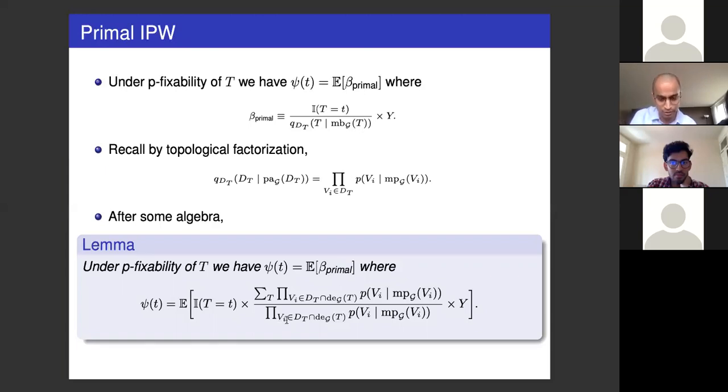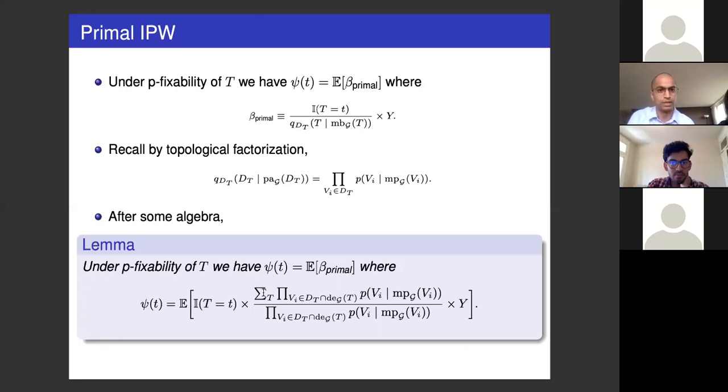In the denominator, we go over all vertices that are in the district of T and are also descendants of the treatment in the graph, and then look at the conditional distribution of this vertex given its Markov pillow. So it's just a product of these kinds of conditionals. And in the numerator, you have the exact same conditionals, except you marginalize over the treatment in the numerator.